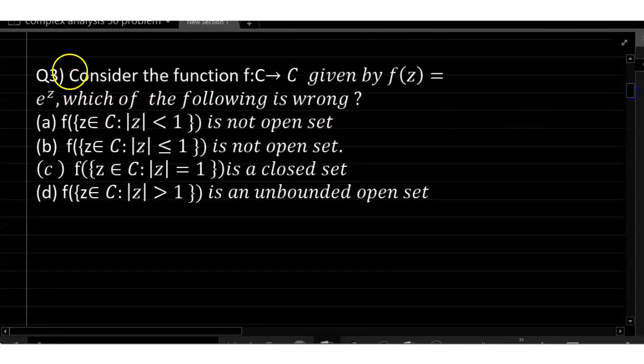Number 3. Consider the function f from C to C given by f(z) = e^z. Which of the following is wrong?